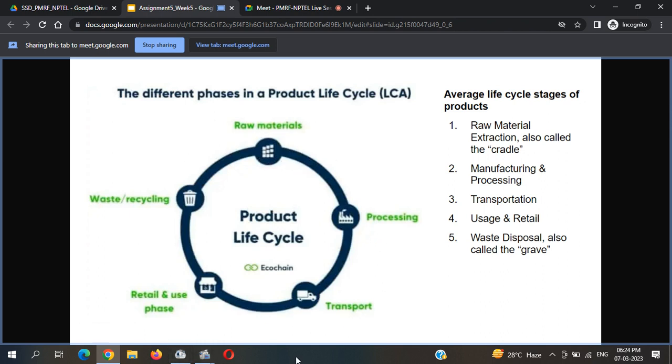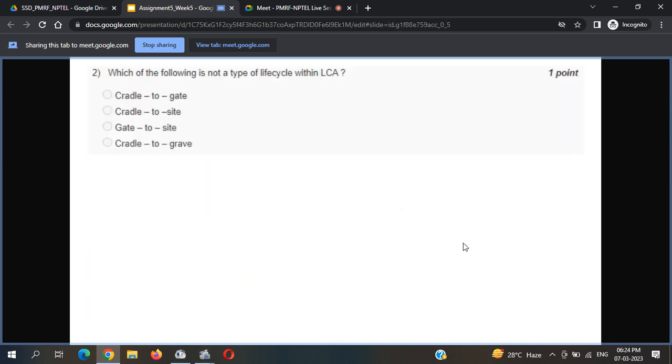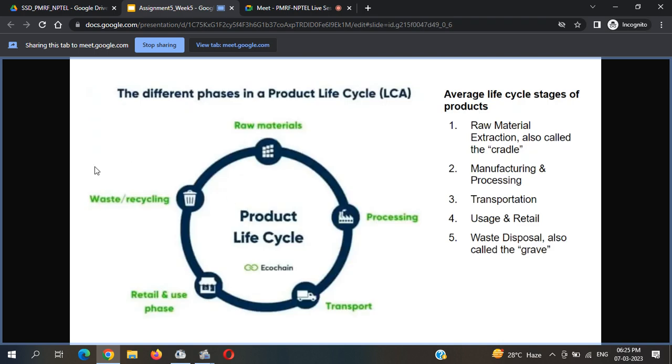So this is the closed loop product life cycle. So the waste recycling is known as the grave. So where it's mentioned grave, it means waste recycling or the end of the product use after it has been used by the end user, that is known as the grave.